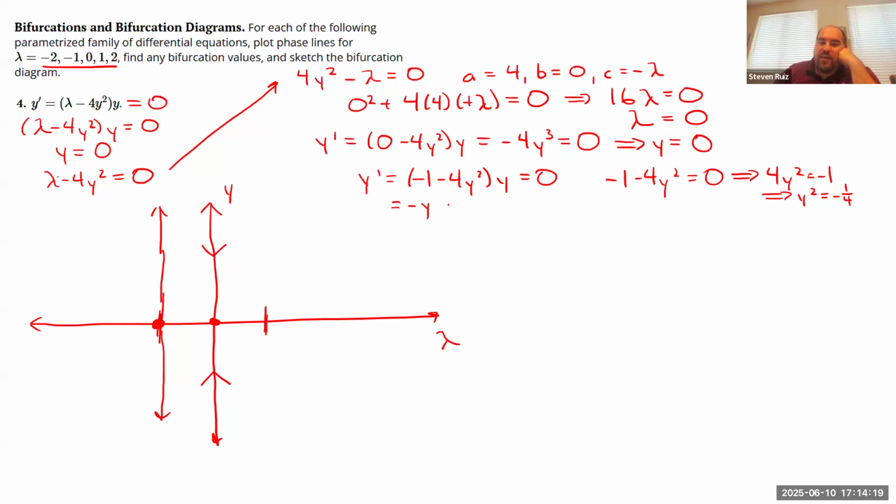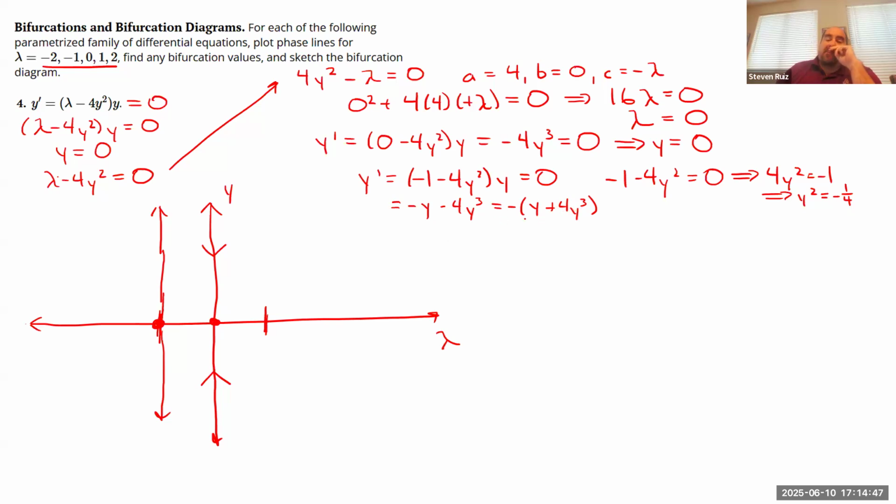Let me distribute: -y minus 4y cubed, which is the same as -y plus 4y cubed. If I plug in -1, what do I get? -1 minus 4, so that's -5.